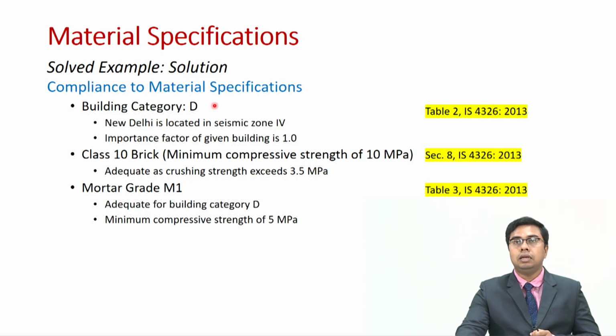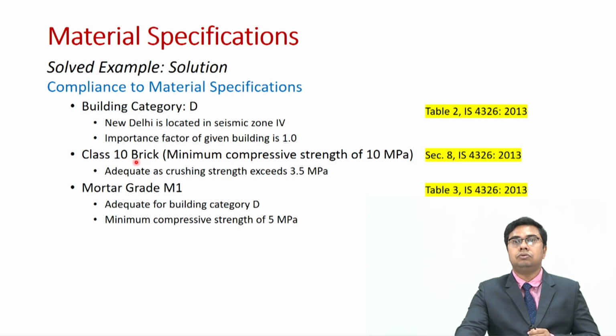I have deliberately not added these tables in these slides so that you end up opening your code book and looking into these specifications. So, based on table 2 of IS 4326, we obtain the building category as D.